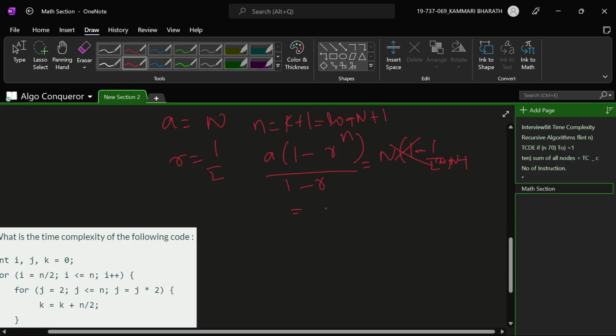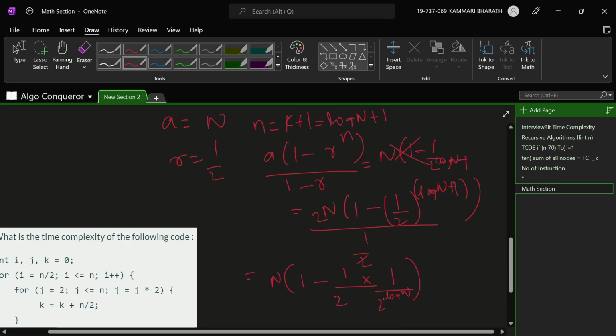So this equation becomes n into 1 minus 1 by 2 whole power log n plus 1, by 1 minus 1 by 2, which is 1 by 2. This 2 goes here. It becomes n into 1 minus 1 by 2 into 1 by 2 power log n.